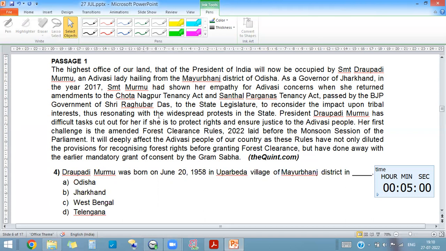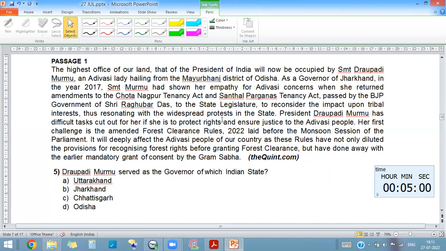Until now, I haven't really gone into detail looking at the passage, or we didn't really discuss the passage. Now you'll see question number 4 and 5, the answer choices, you will see your answer is given in the passage. So it's always important to give the passage one reading at least when you do these problems. I think she was born here in this village, in this district of the state. So that is right here in this statement, in the state of Odisha.